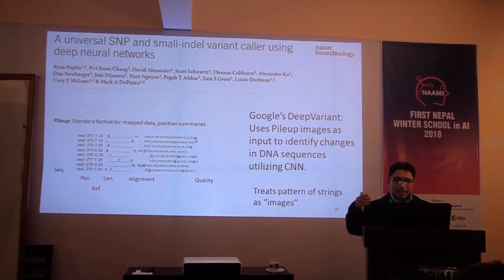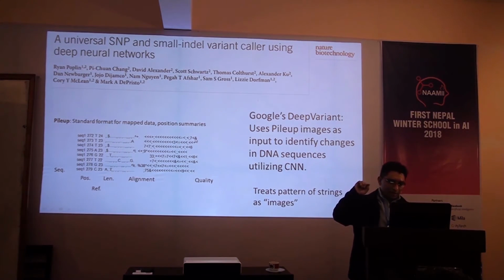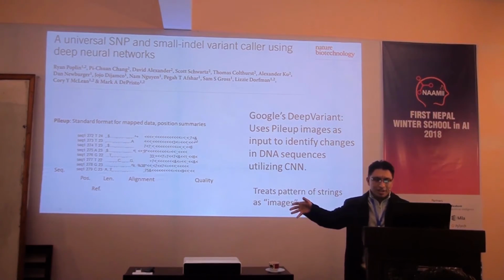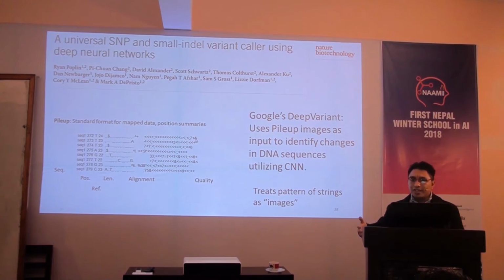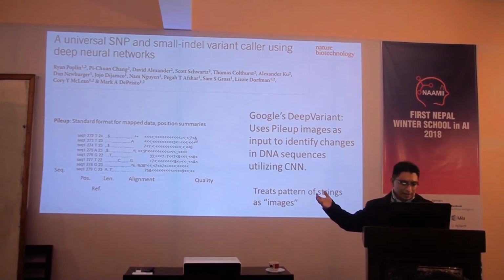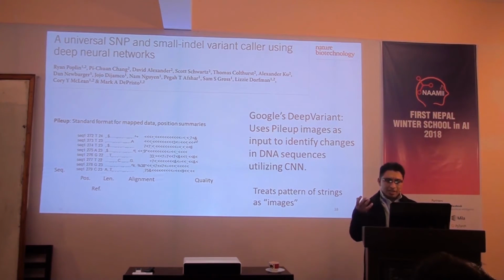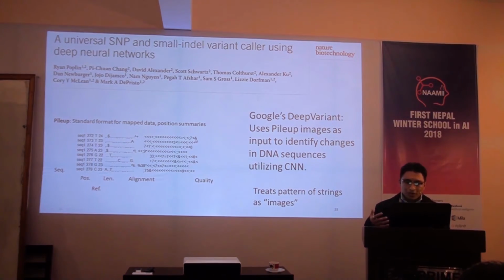And the output was whether that particular patient had some kind of mutation at that particular position or not. So the concept here is that we can also treat this kind of textual information, from string characters, as patterns in an image, and then we can decipher these patterns using machine learning models to solve some biological problems.